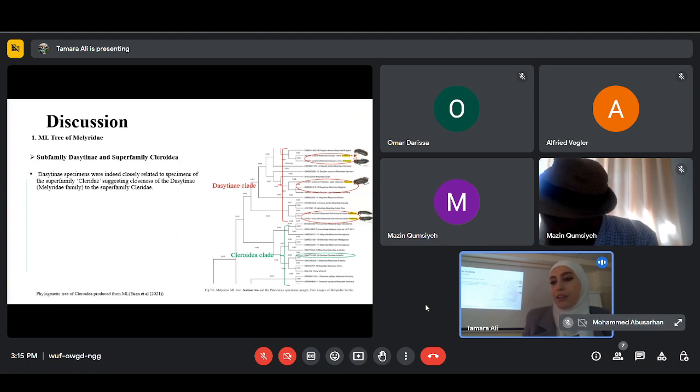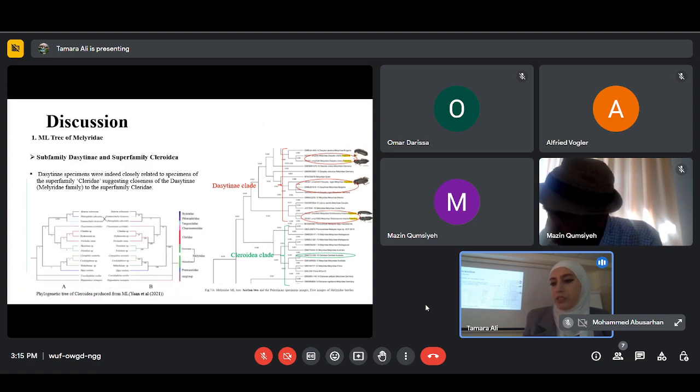Also, based on the analysis of our Melyridae tree, it was found that Dasytes species were closely related to specimens of the superfamily Cleroidea, suggesting closeness of the Dasytinae, Melyridae family to the superfamily Cleroidea. Also, our tree showed agreement with Yang's tree.